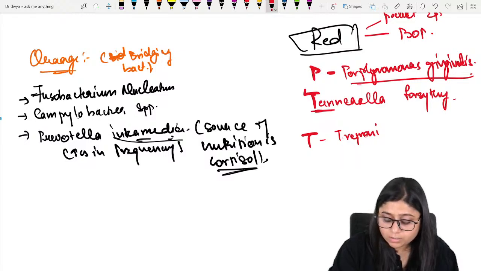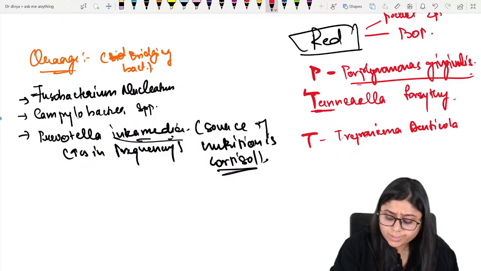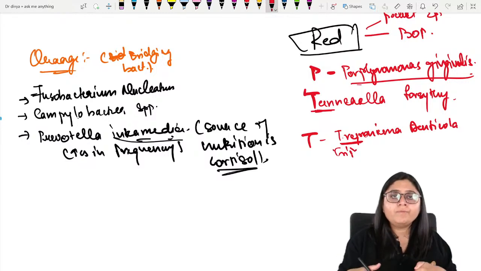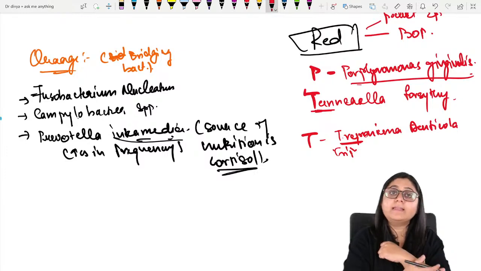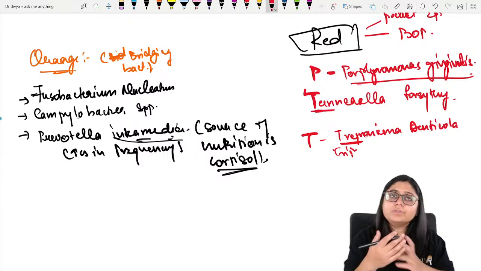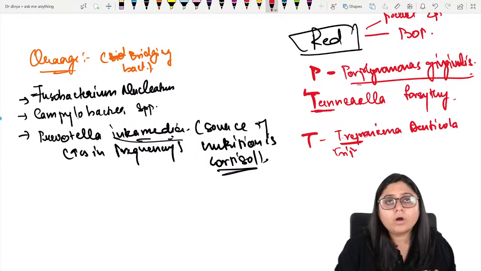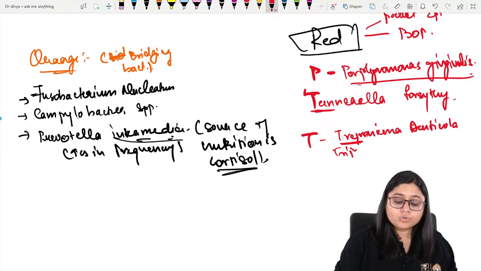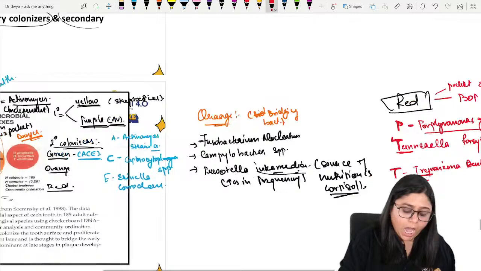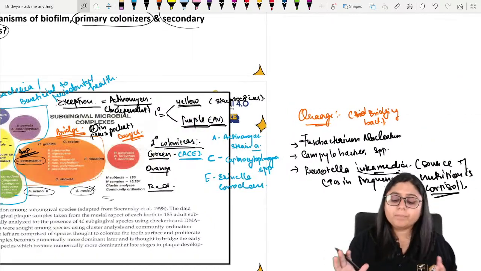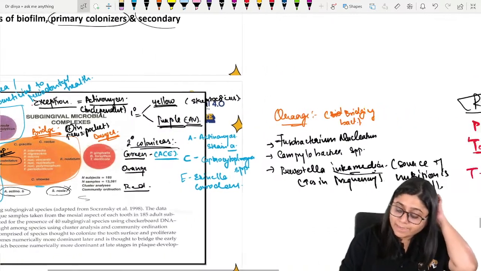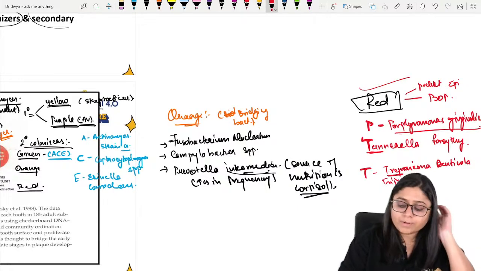So here you need to remember trip. When we trip or when we fall, we get injured and there is redness that develops. So this is how you can remember the red complex bacteria. I hope now it is clear how you need to remember the bacteria. The important bacteria you need to remember is the red complex bacteria.